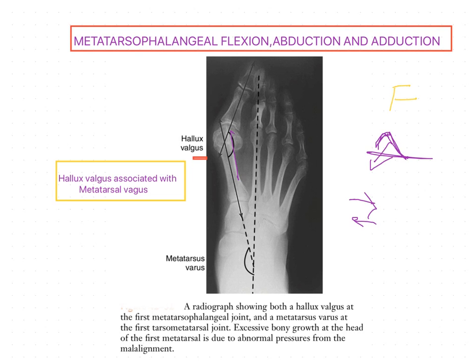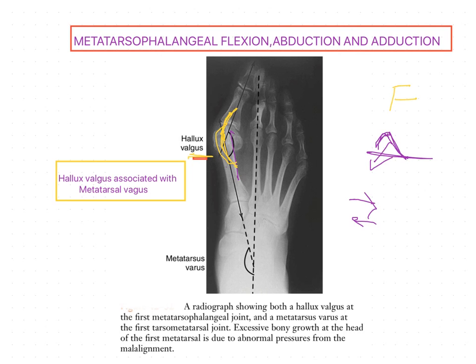For example, an increase in the normal valgus angle, greater than these 19 degrees. The normal valgus angulation of the first metatarsophalangeal joint is referred to as, so here the medial angulation of the hallux, that is the great toe, is increased, then such a condition is called hallux valgus.